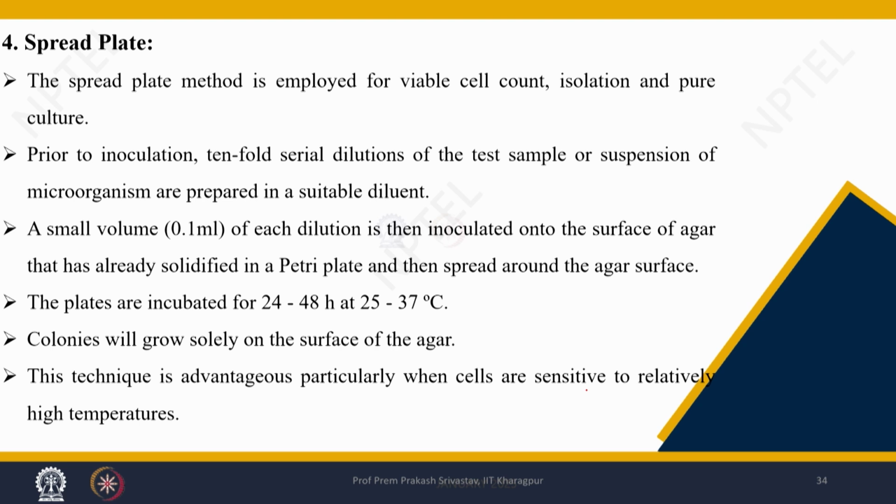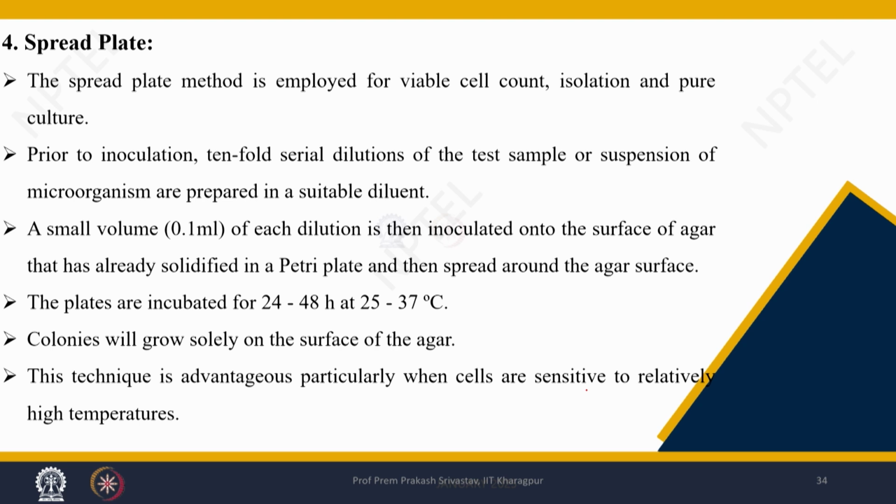Now, spread plate. The spread plate method is employed for viable cell count, isolation and pure culture. Prior to inoculation, 10-fold serial dilutions of the test sample or suspension of microorganisms are prepared in a suitable diluent.